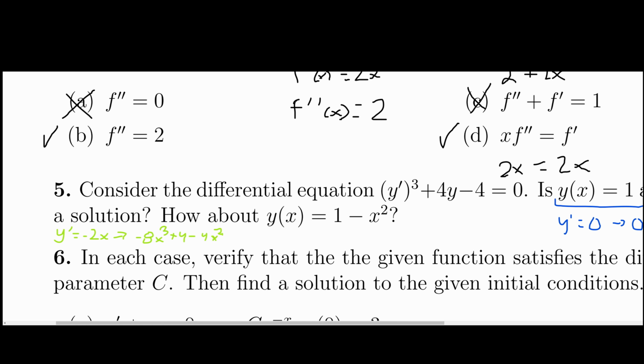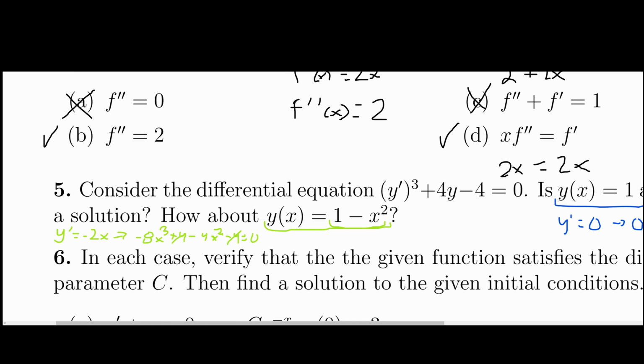Again, because this is our y right here, we have to plug all of this, 1 minus x squared, into this y right here. That means there's going to be a 4 out front, and we have to distribute this in. We also have another minus 4, and we can set that equal to 0.